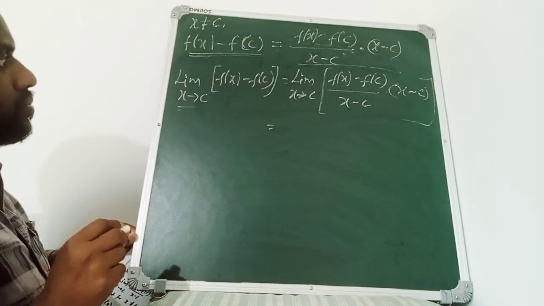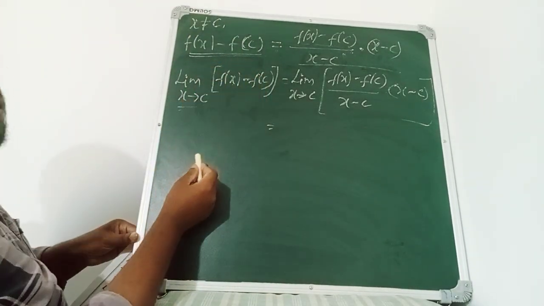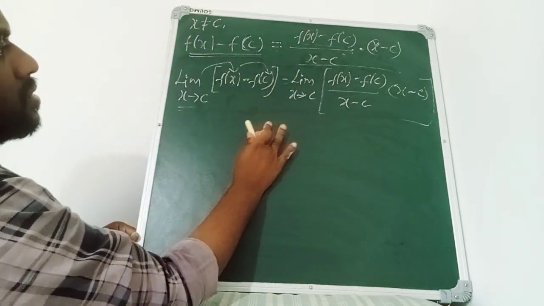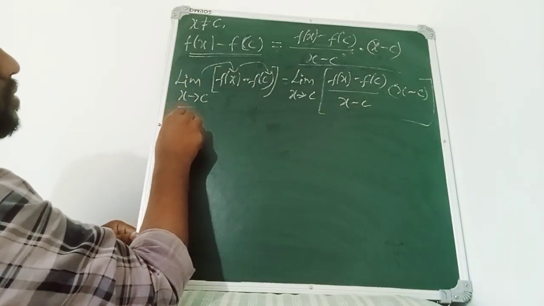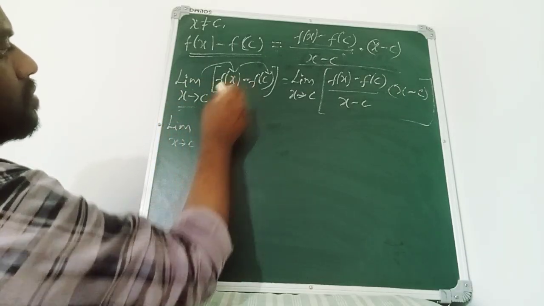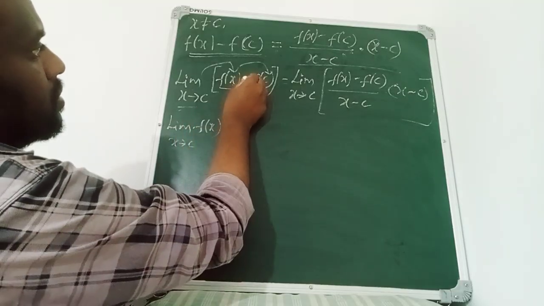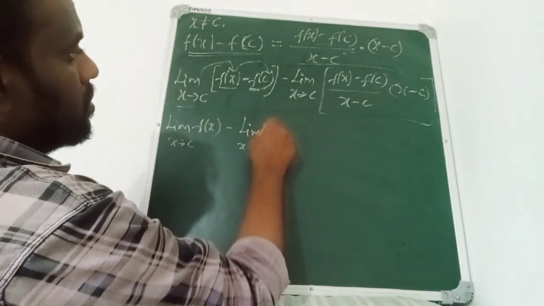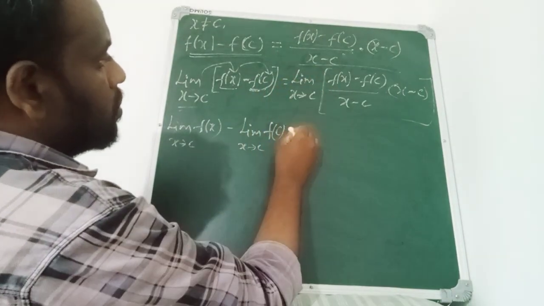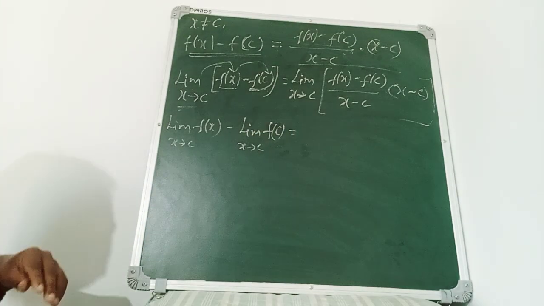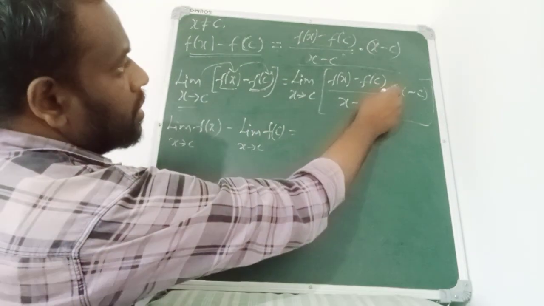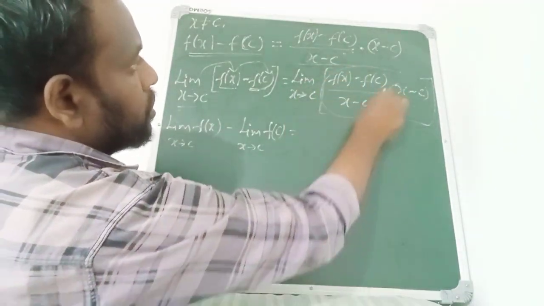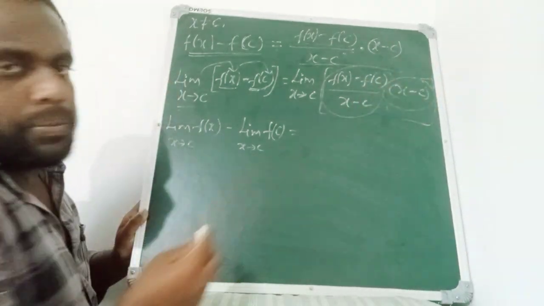So in the next step, here minus is there. You can take this limit separately for this and this. First, limit x tends to c of f of x, minus, again, limit x tends to c of f of c. Here also, multiplication is there, so you can take the limit for this thing separately, then for this separately.